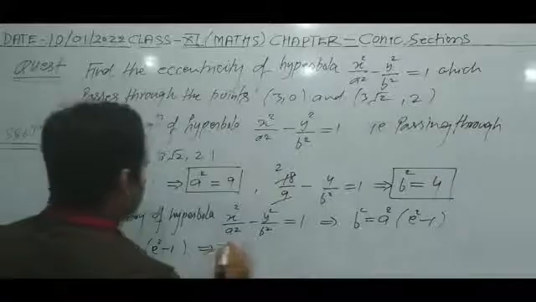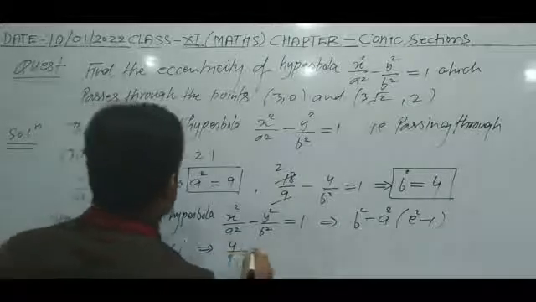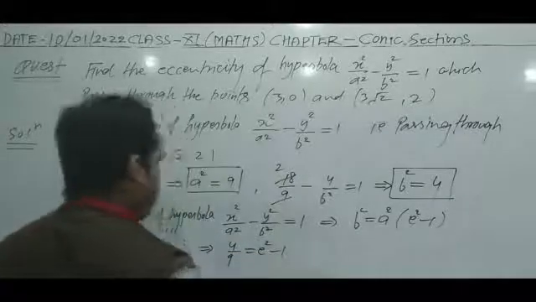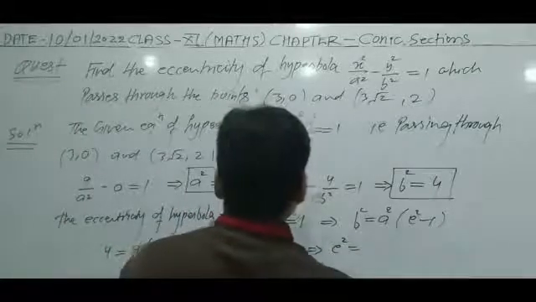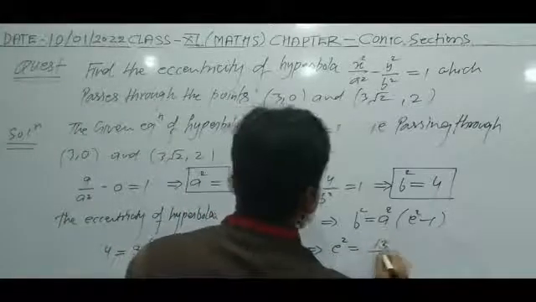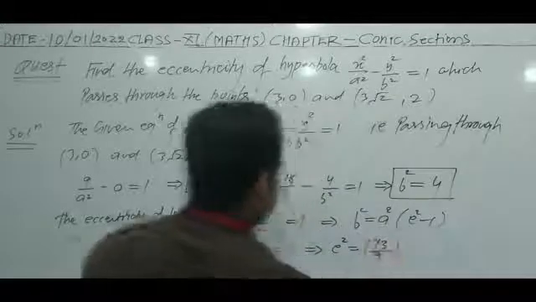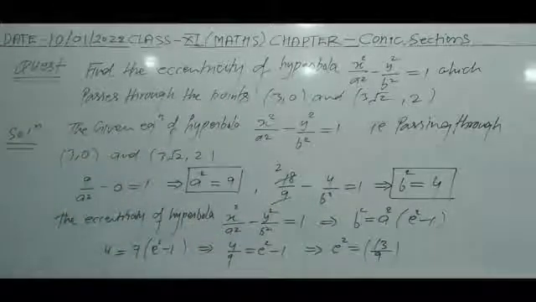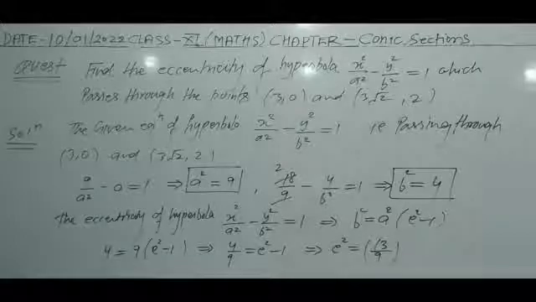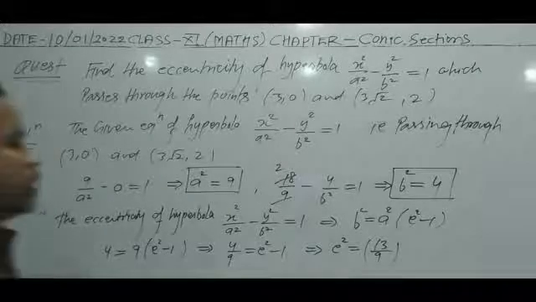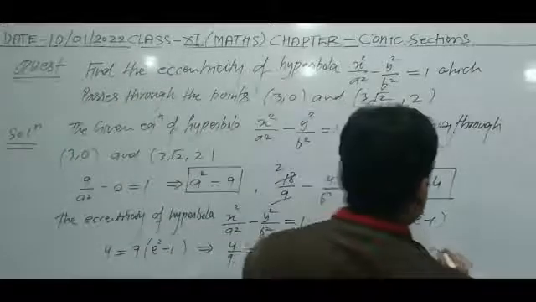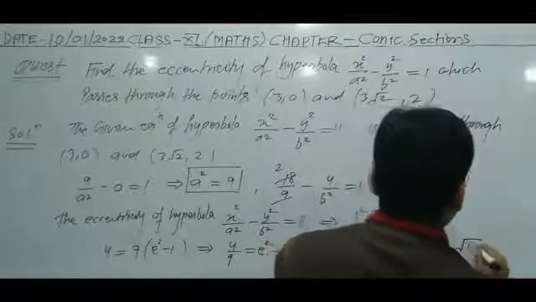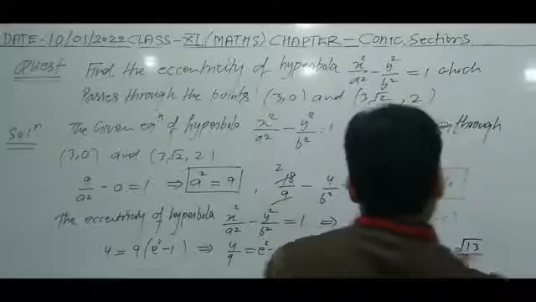This implies 4 by 9 is equal to e square minus 1, and you will get e square is equal to 13 by 9. So e will be root over 13 by 3.